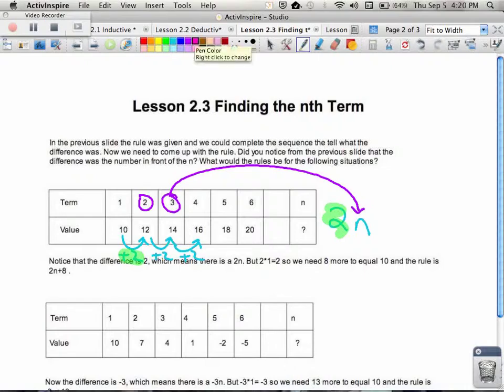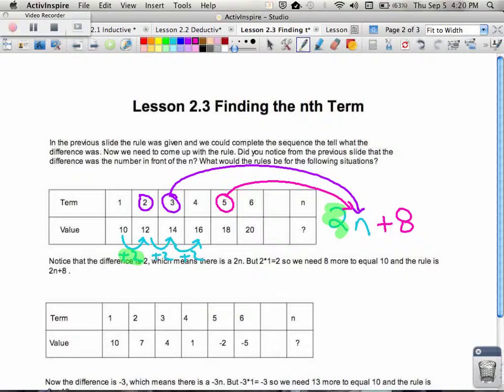Let's see what happens if I plug in the 5. If I take that 5 and I shove it into the n, I get 5 times 2, which is 10, but I saw an 18. I'm 8 off every single time. So to find my pattern, I have to add 8.